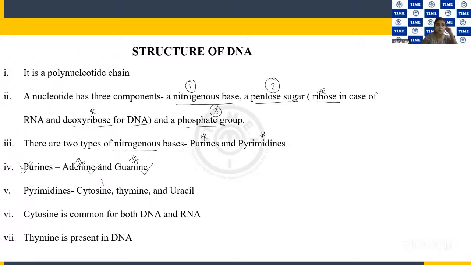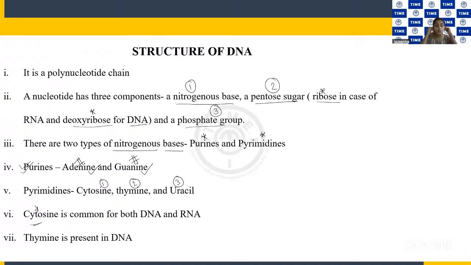You have to learn this and keep it by heart. Purines: adenine and guanine. Pyrimidines: cytosine, thymine, and uracil. Cytosine is common for both DNA and RNA.